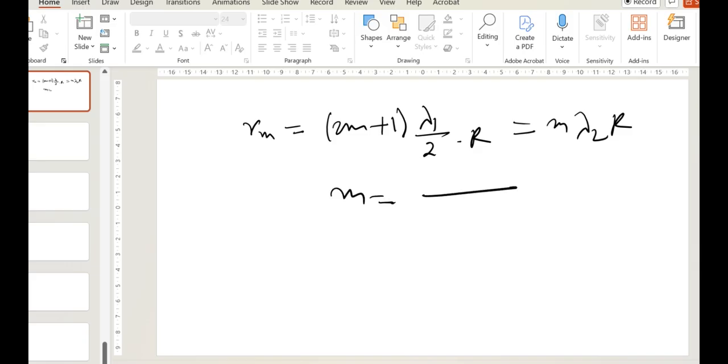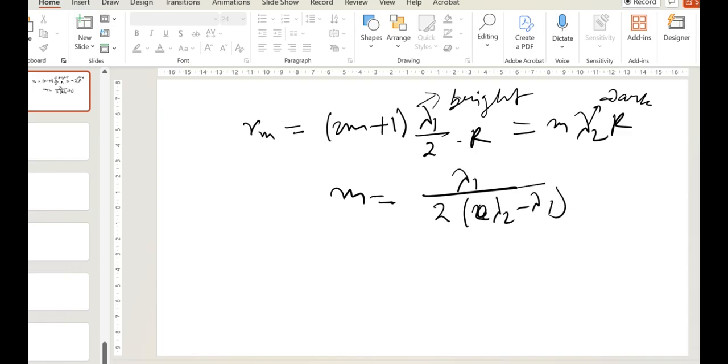This is for the bright fringe, and this is the dark fringe. So then we can get n equal to lambda 1 by 2 into (lambda 2 minus lambda 1), which is 589 by 2 into 0.6, that is 490. So the 490th dark ring for lambda 2 and the 490th bright ring for lambda 1, at the distance r.